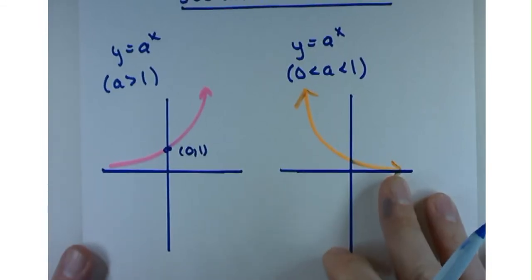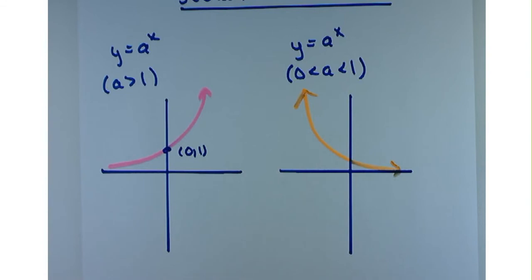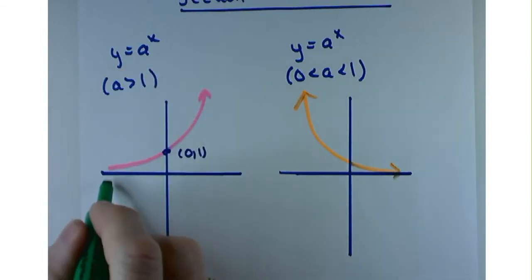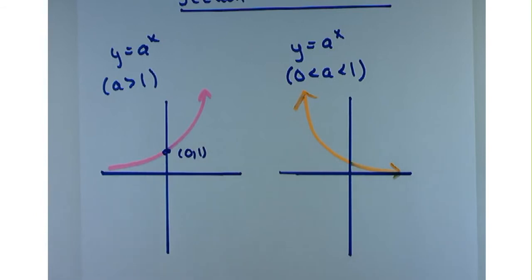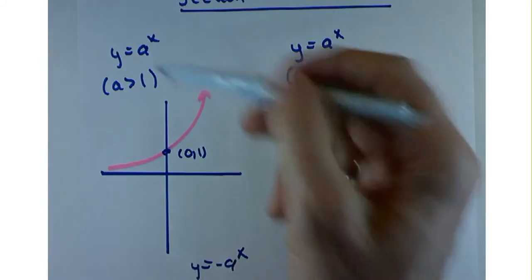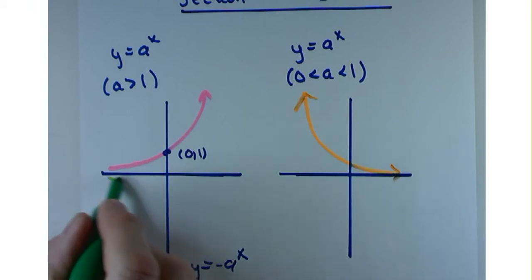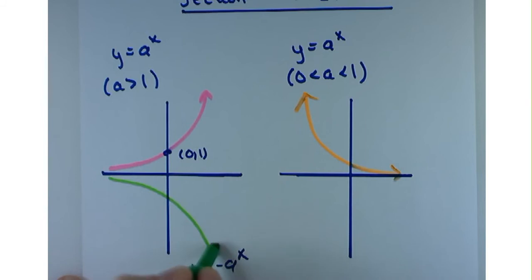But let's do a couple more things to these graphs. If I multiply this graph by a negative, so that I was then looking at the graph of y equals negative a to the x, in this case, what's the negative going to do to this graph? It's going to flip it.